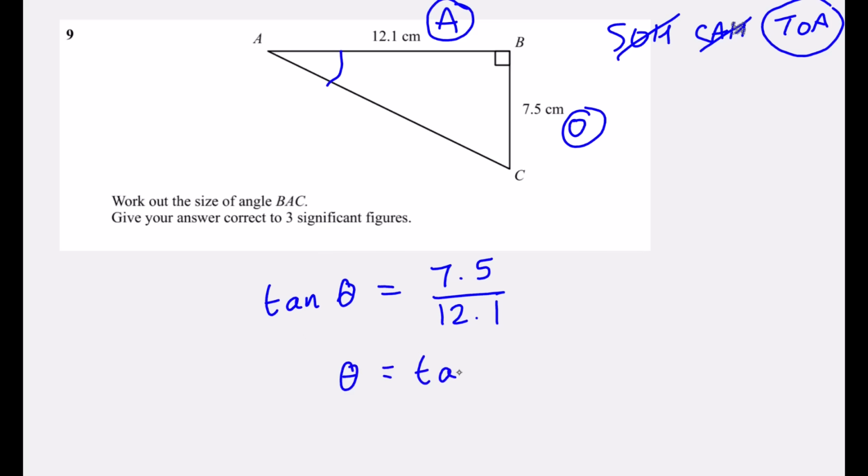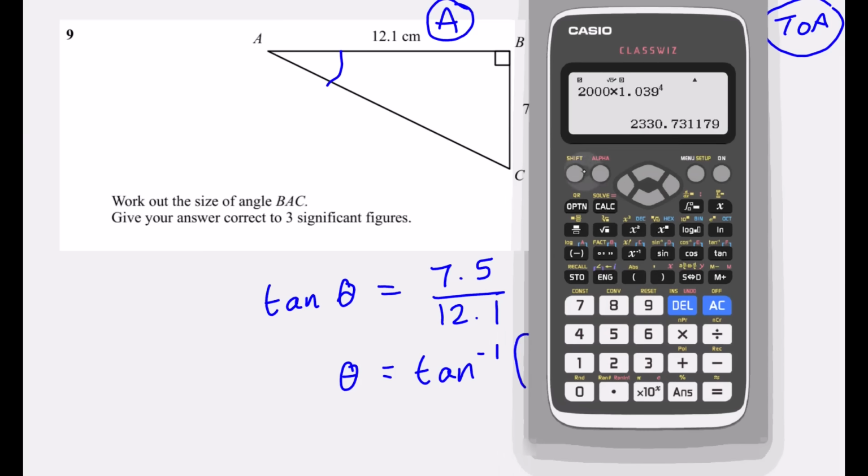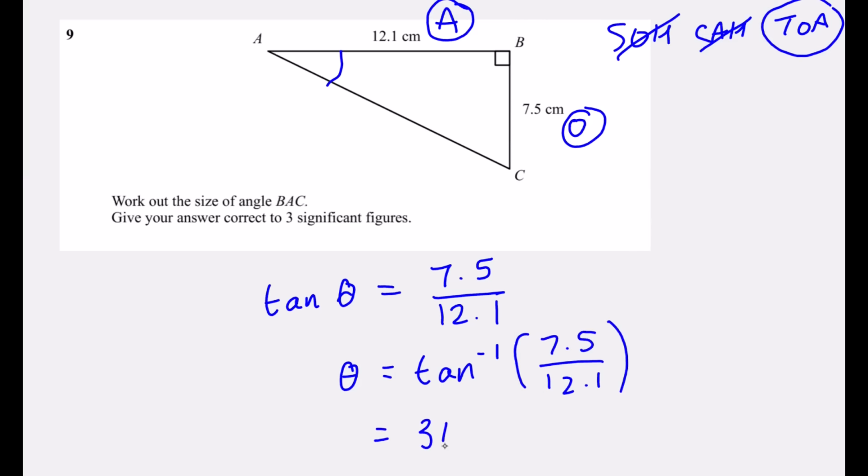So the answer, the angle, is going to be shift tan or arctan, 7.5 over 12.1. Shift tan, 7.5 over 12.1. And that is 31.8 degrees.